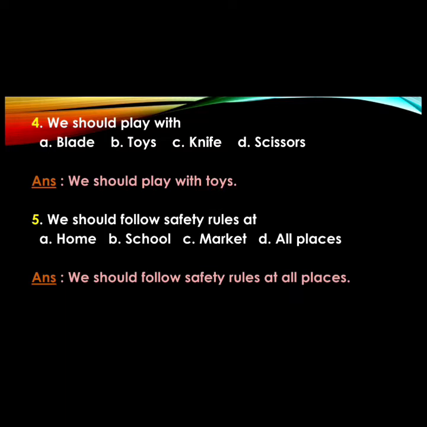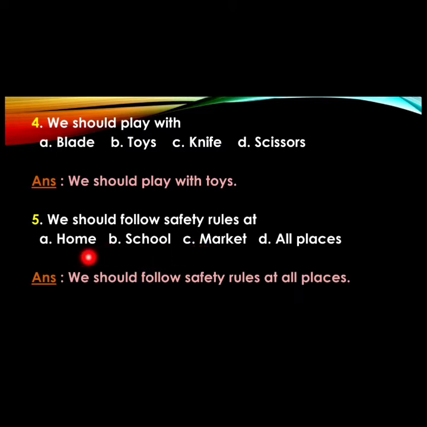Now let us move to the fifth question. We should follow safety rules at, and the options are home, school, market, all places. So which one is the correct option? We should follow safety rules at home, yes. Then at school also, yes. And in the market also, right?